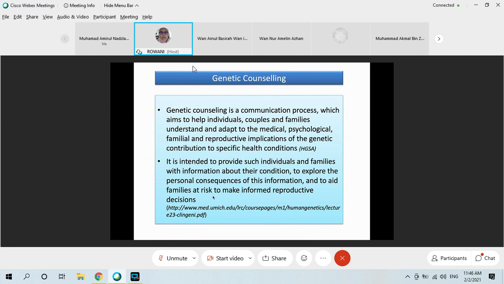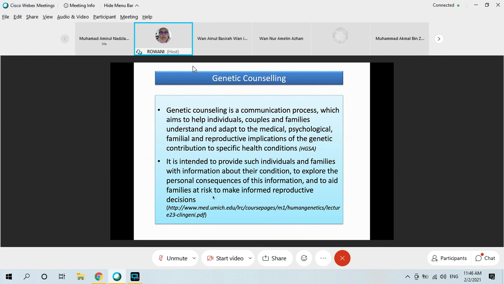At the same time, you give them information about the condition, and then you explore the personal consequence of this information. This is to help the families at risk to make informed reproductive decisions.